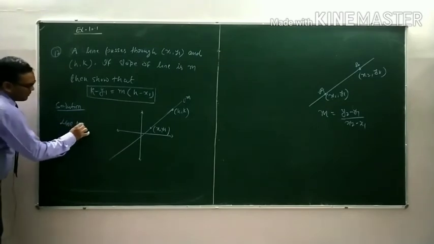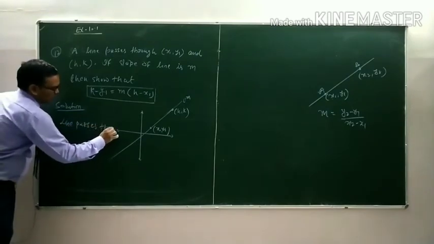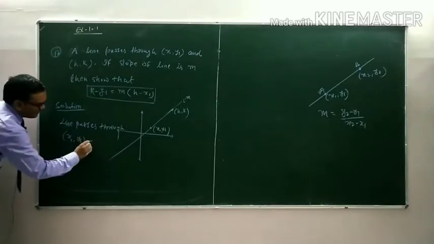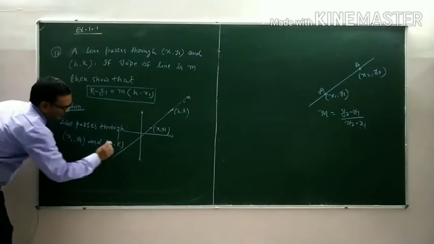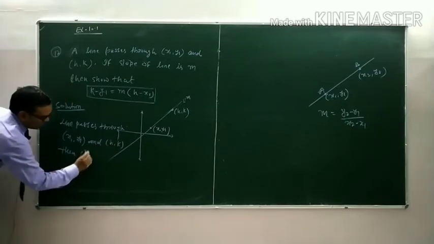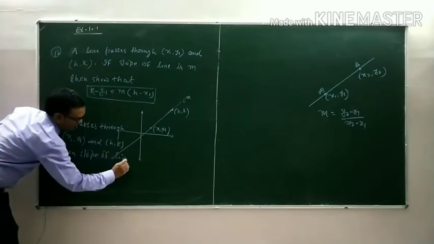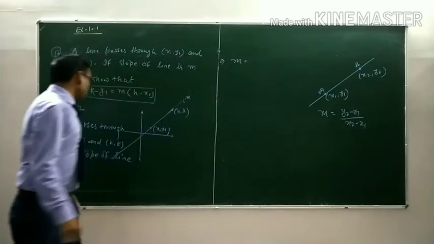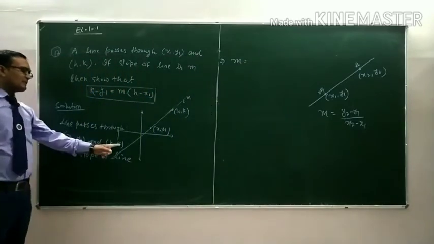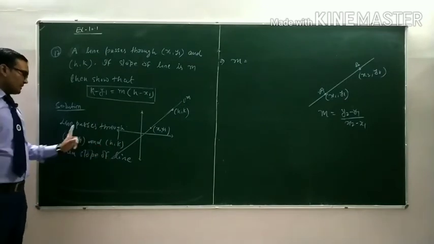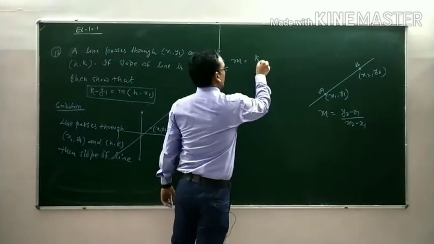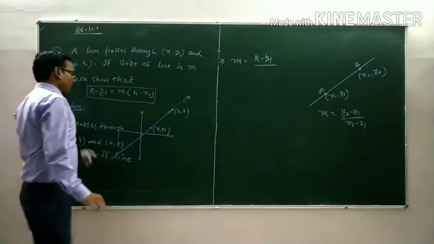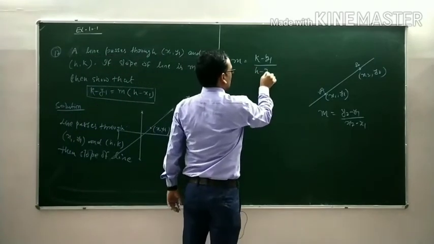the line passes through x1 comma y1 and h comma k. Then the slope of the line m equals y2 minus y1, that means k minus y1 upon h minus x1.